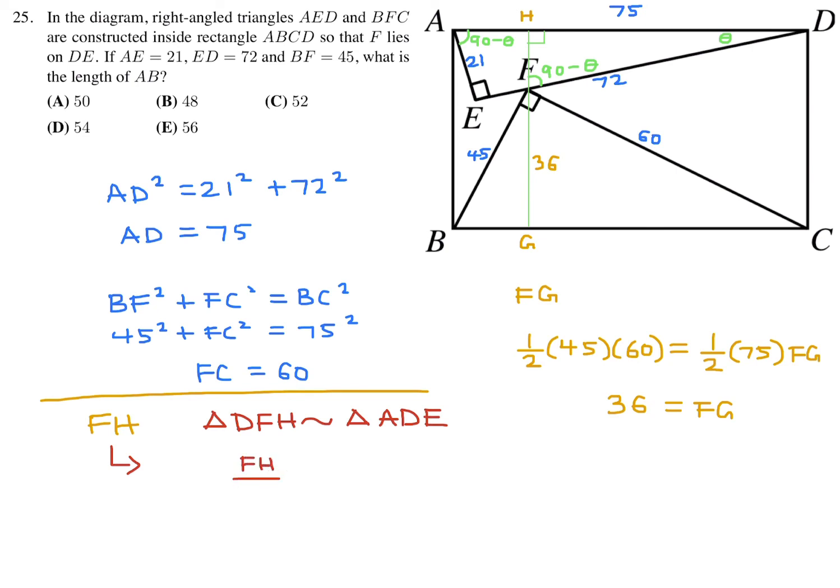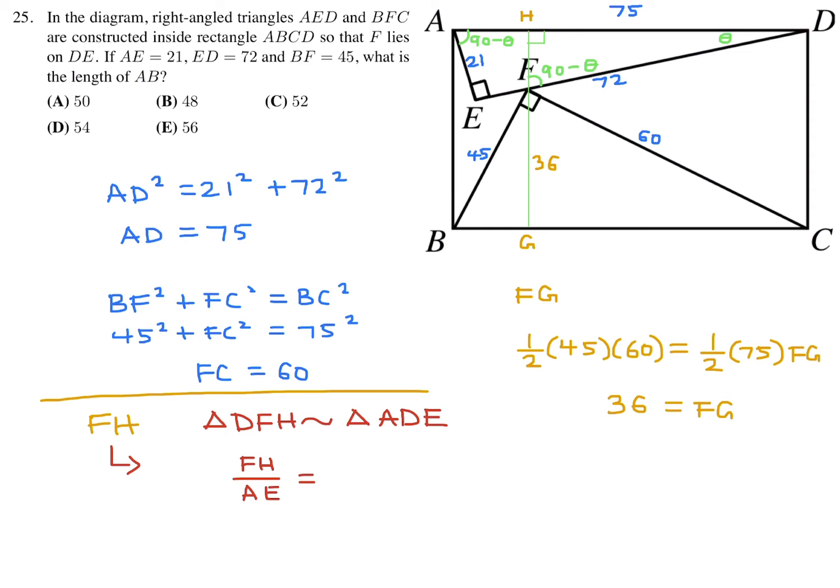FH, which is this side right here, so that's the side that includes 90 minus theta and 90, would be the same as this one, AE, in terms of the ratio. And that would be equal to the ratio of two other sides. So I'll use, say, HD, which would be the 90 and the theta side.